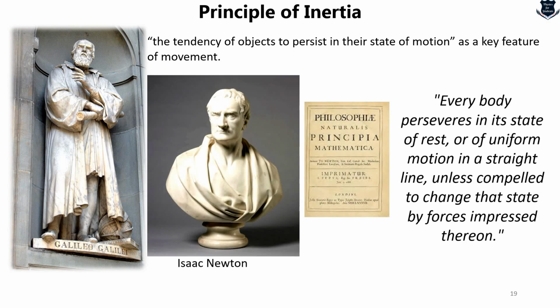However, Isaac Newton, in his famous Principia Mathematica, laid out that every body perseveres in its state of rest or uniform motion in a straight line unless compelled to change by a force impressed thereon, which leads to what is called Newton's first law of motion. But now you can see how from Galileo's understanding, philosophical or mathematical, Newton's first law actually came in, and how the relativistic stage is slowly being set to understand this.